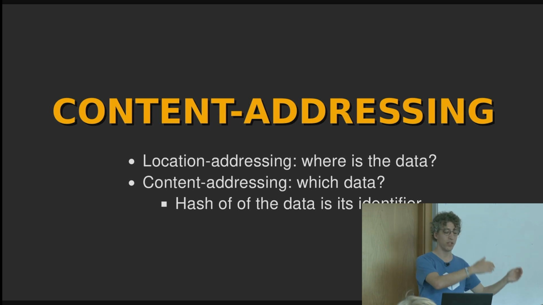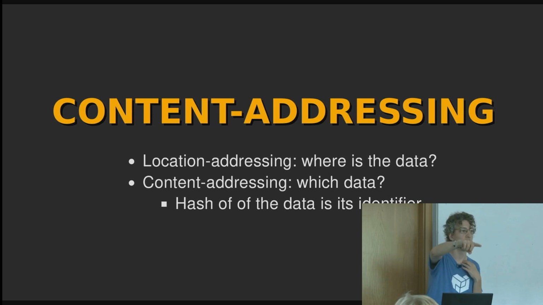With location addressing, I would tell you, I love this book, it's in my hometown, in the library, on the second floor, on that shelf, the third book. This is where you see the problems of location addressing. If the book is not there, you don't know which book I was talking about. Or it's the wrong book, and you don't know you need some other book. There you can see the advantages of content addressing versus location addressing.